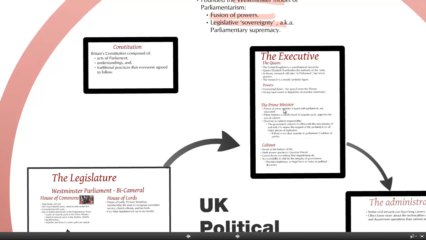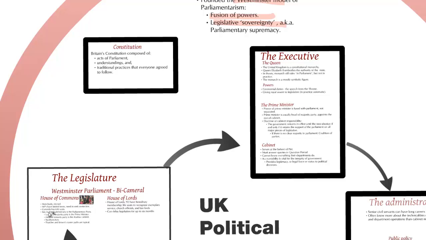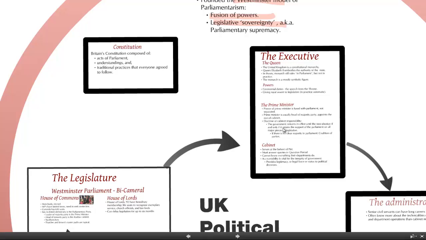And this is really important for the dynamic between these two. So what happens here is that if the Prime Minister loses the confidence of the House of Commons, the executive falls. And that has consequences because it means that the members of Parliament have to stay loyal to the party. They have to toe the party line, because if they vote against their government, the government coming out of their caucus, then they lose power and someone else takes over.